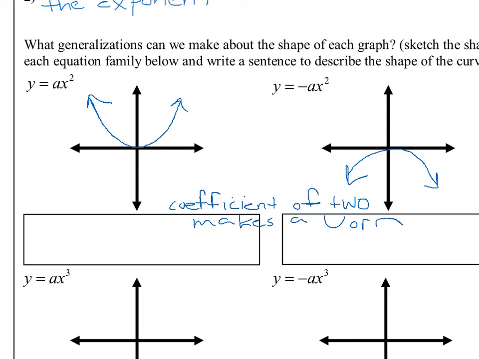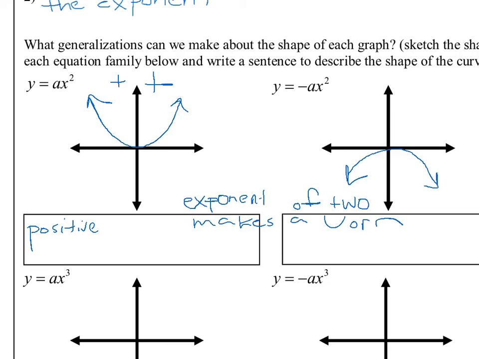Now, the positive coefficients open up. The way I like to remember this is I like to say, hey, that looks like a smiley face. Positive. Sorry, this should have said exponent of 2. Make sure you actually wrote what I said, not what I wrote.